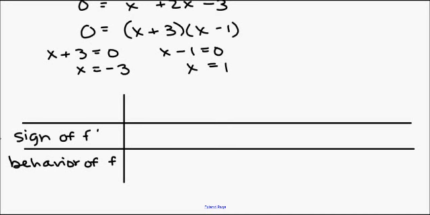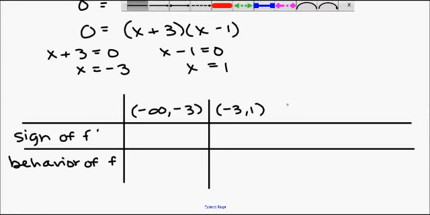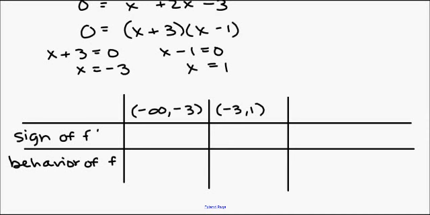My first interval, since this was a continuous function with no endpoints, is going to be negative infinity to negative 3. Then we have negative 3 to 1. And last up, 1 to infinity.